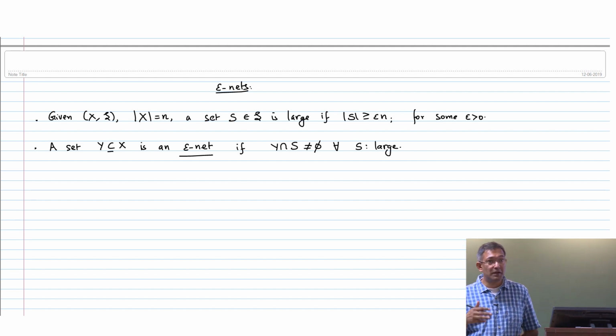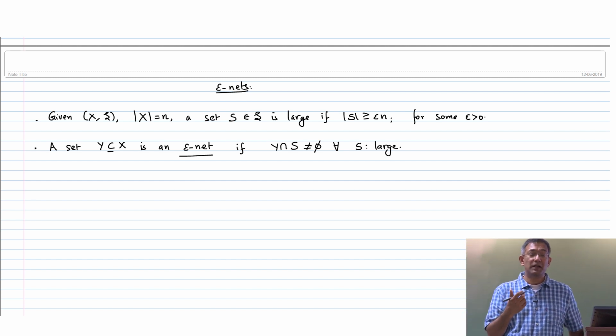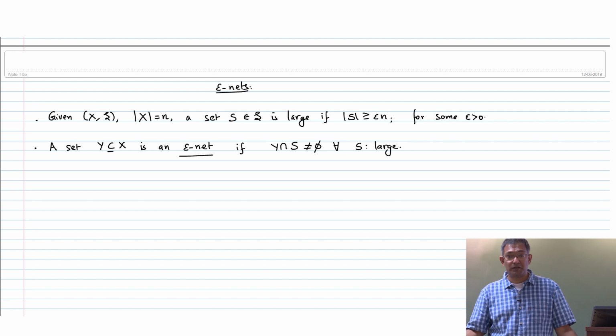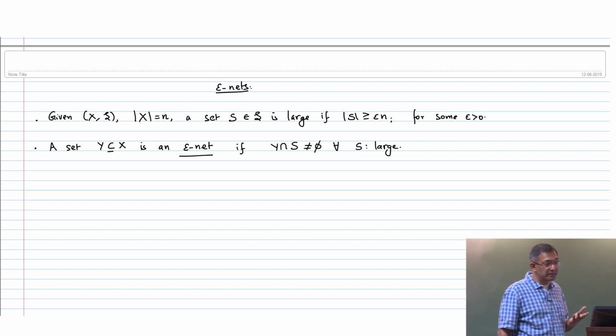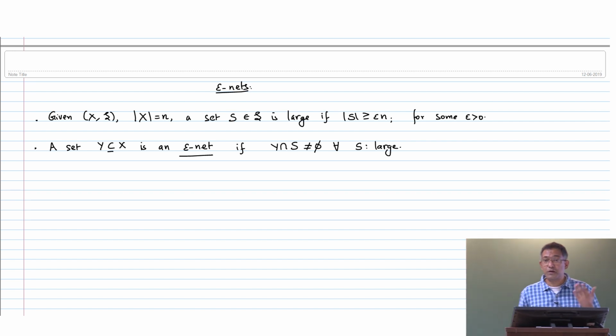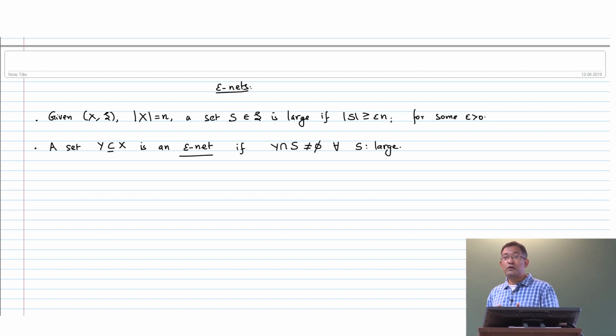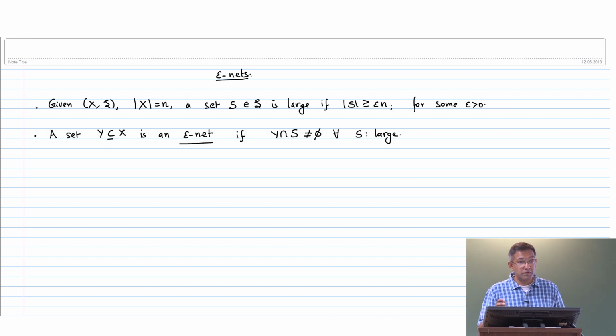I only want to pick a small subset of points that hit all sets that are large, and large is defined by epsilon. Okay. So if epsilon is 1/10, I just want to hit all the sets that contain at least 1/10 of all the points. So that's an epsilon net.